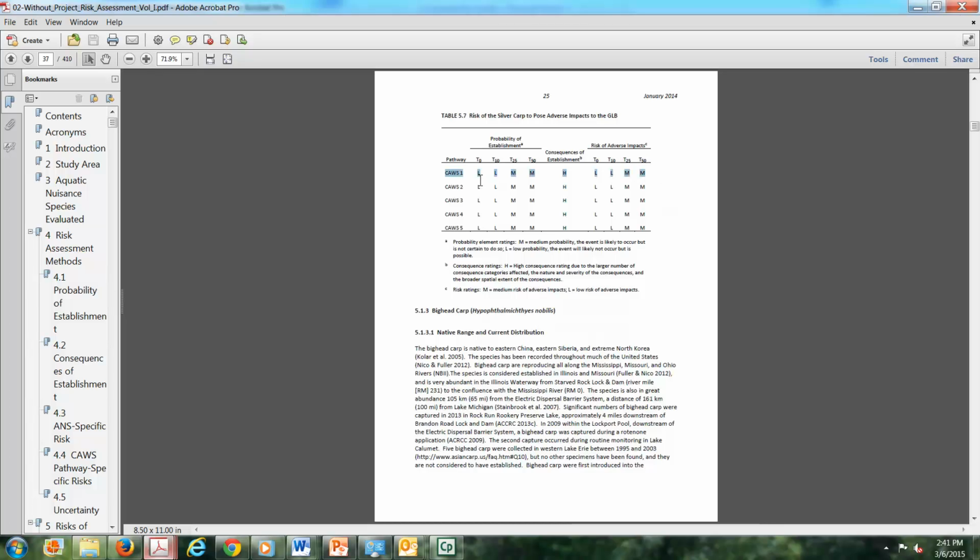With a low probability of establishment and high consequences, the overall risk is low, low, medium, and 50 years into the future, medium. Each row now gives the risk associated with silver carp for each of the 5 pathways into Lake Michigan.